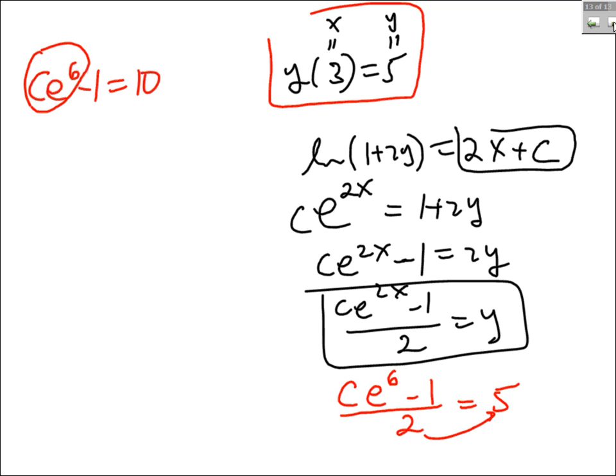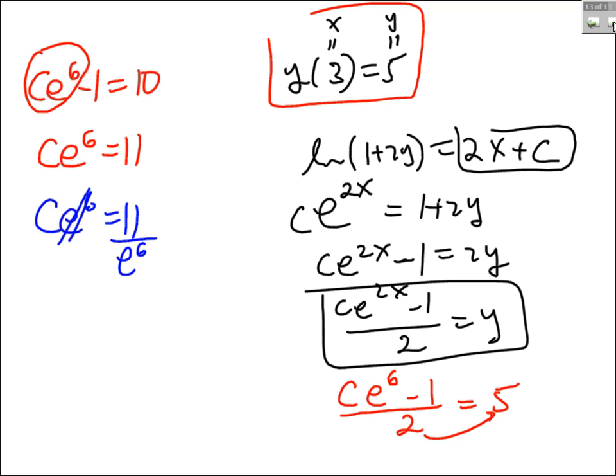Sorry, it's 11, it's 11. 11 minus 1 is 10, so c, e to the 6 is 11. And now we just move around factors that we don't want where they're located. I want c alone, so I bring this to the bottom. So c is 11 over e to the 6.